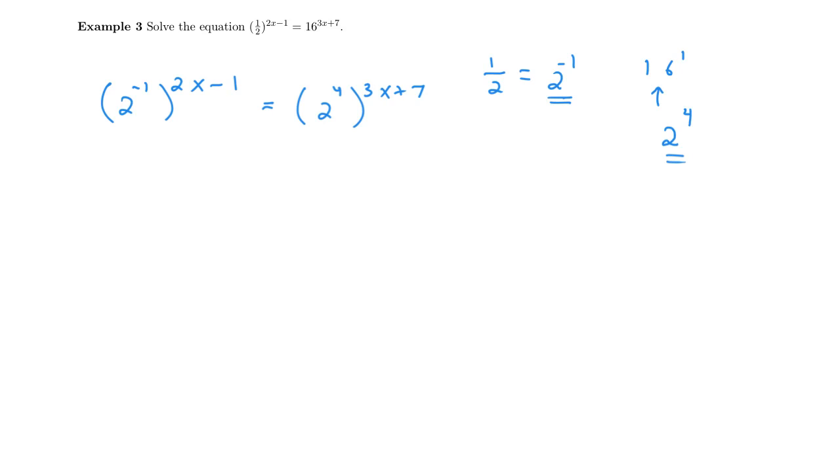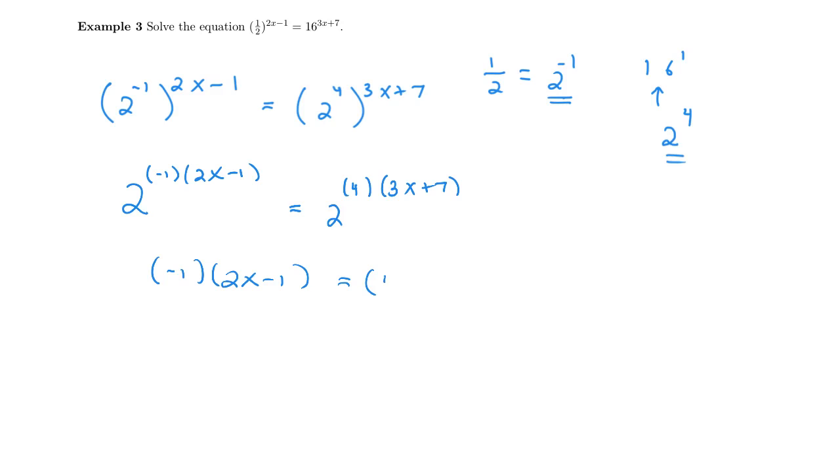So I'm going to switch this to 2, and then I have negative 1 times 2x minus 1. On the other side I have 2, but the exponent is 4 times 3x plus 7. So now you actually can just get rid of the base of 2 altogether. This is just negative 1 times 2x minus 1 is equal to 4 times 3x plus 7.